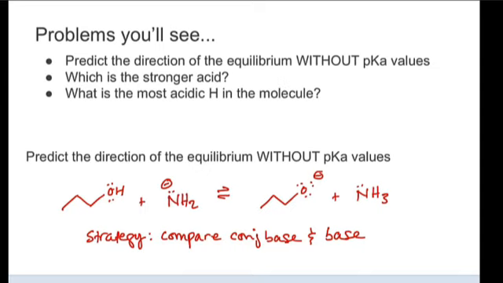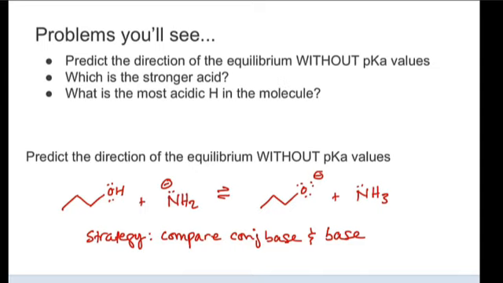So whereas we tend to look up pKa values of acids when we're trying to determine the direction of equilibrium given pKa values, without pKa values, or if I ask for an explanation that doesn't include pKa values, what we typically do is point to the stability of the bases involved in the reaction.